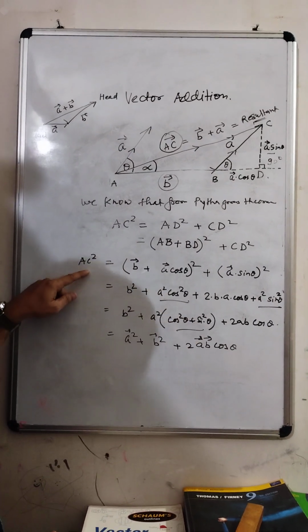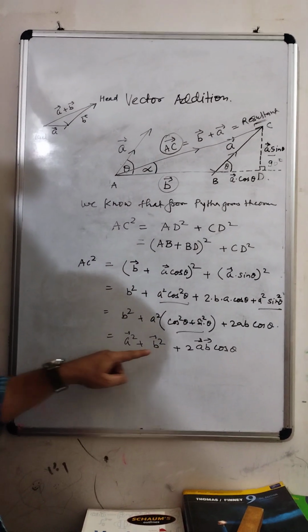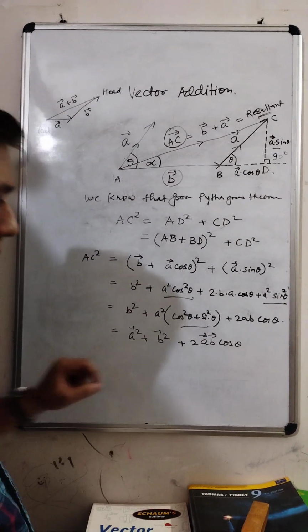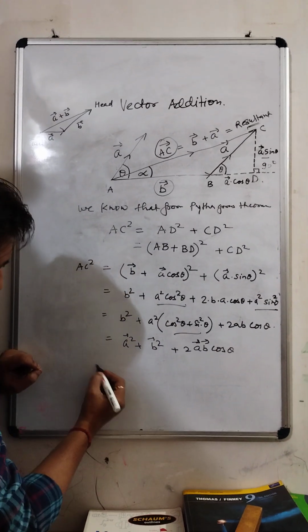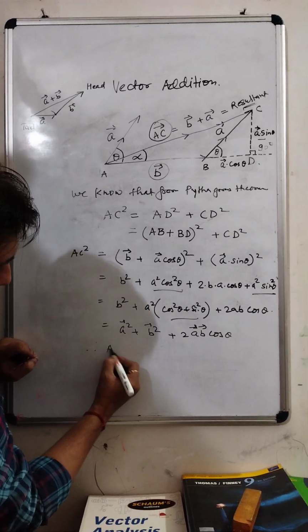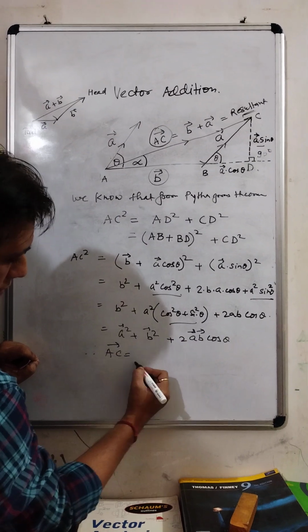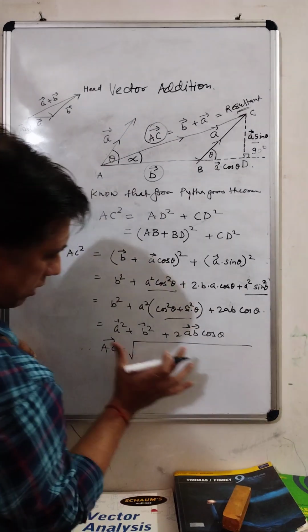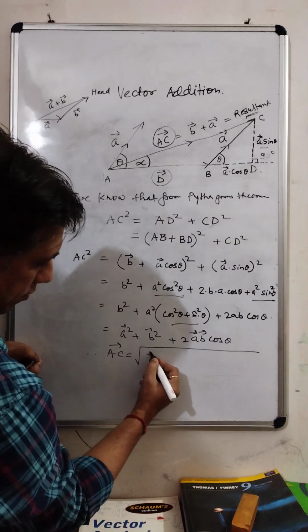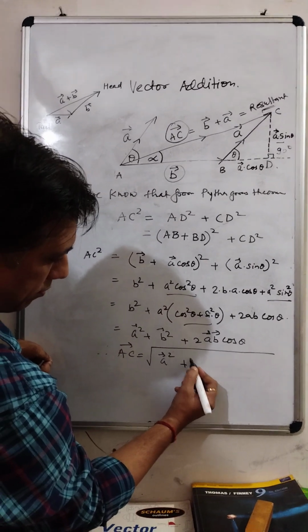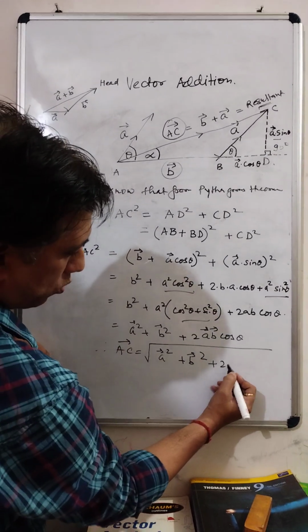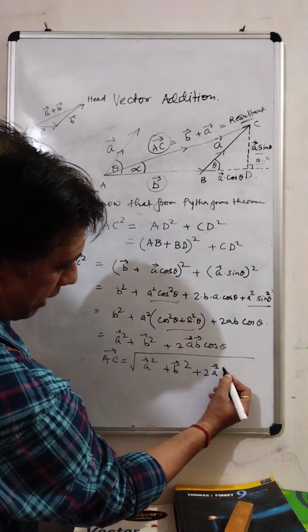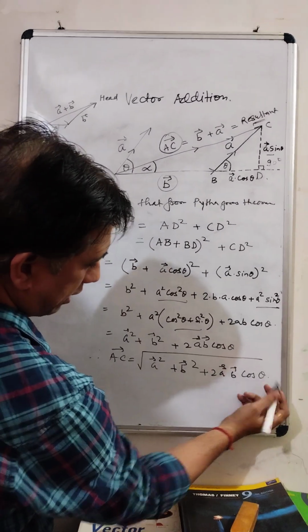So we get AC square is equal to A square plus B square plus 2AB cos theta. Therefore AC vector is equal to the root over A vector square plus B vector square plus 2 A vector B vector cos theta.